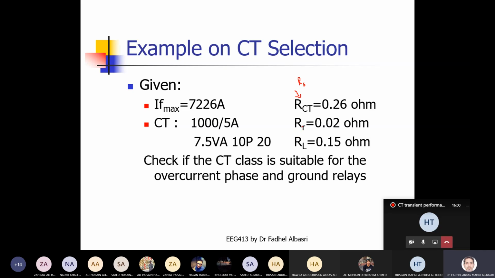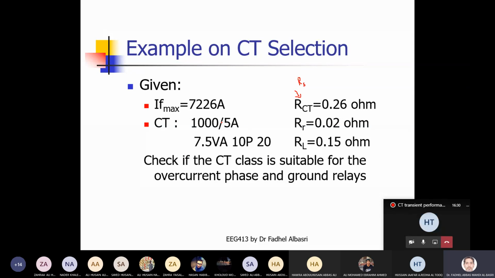The relay connected to that CT has 0.02 ohm resistance, and the lead resistance is 0.15 ohm. The CT class is 10B20, and the rated burden is 7.5 volt ampere. Check if the CT class is suitable for the overcurrent phase and ground relays.